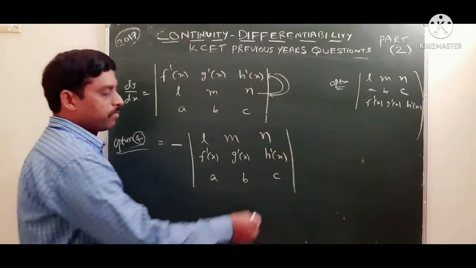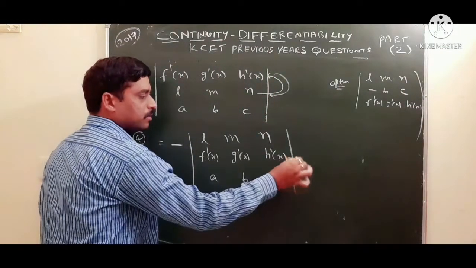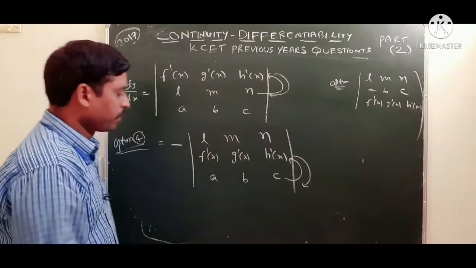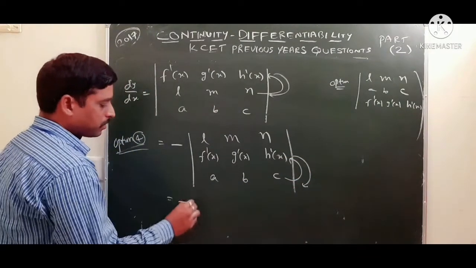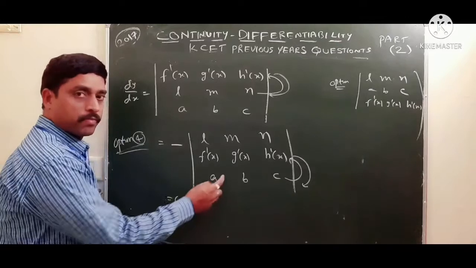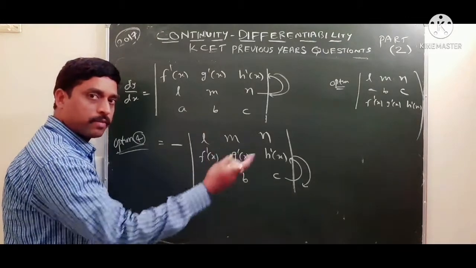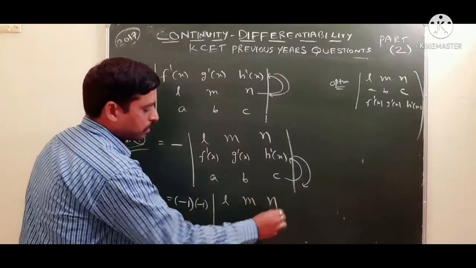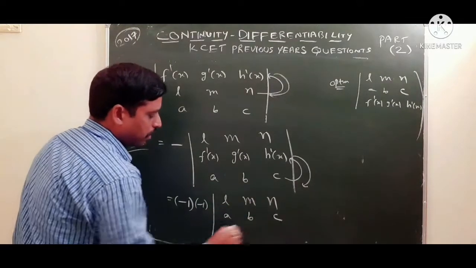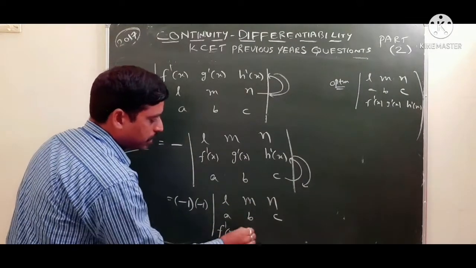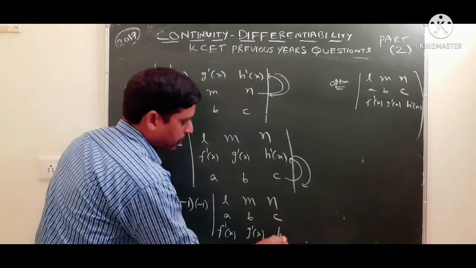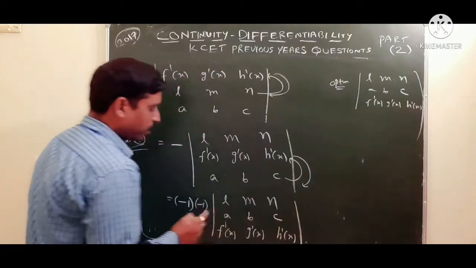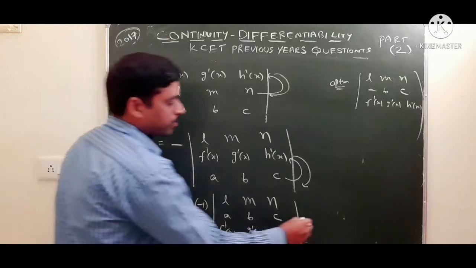Again we interchange the second row and third row, so minus 1 into minus 1, since the sign changes when any two rows are interchanged. Minus into minus is plus, so this is option 4.